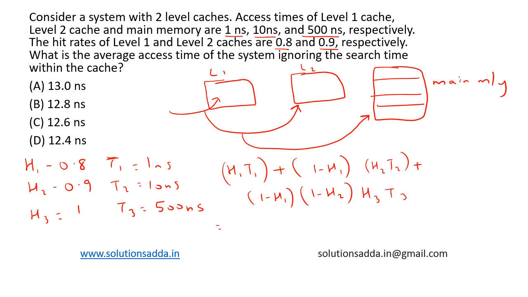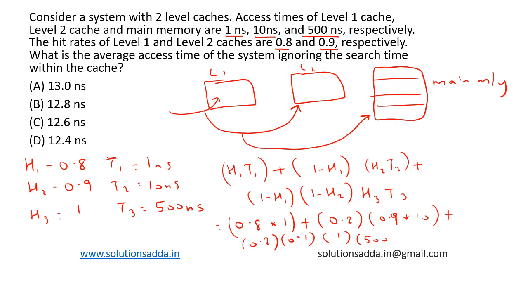So this is equal to 0.8 into 1 plus (1 minus H1, that is 0.2) into 0.9 into 10 nanosecond plus 0.2 into 0.1 into 1 into 500 nanosecond.